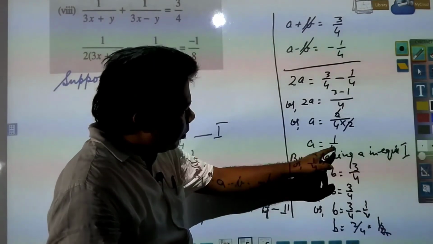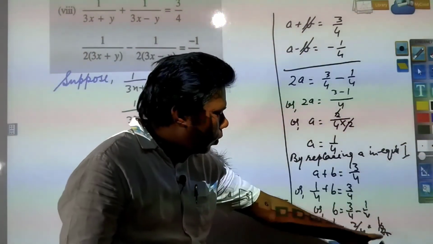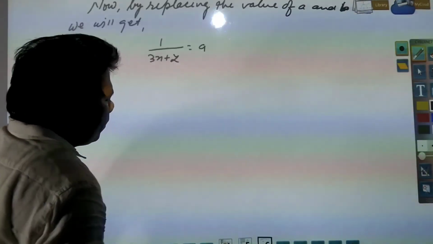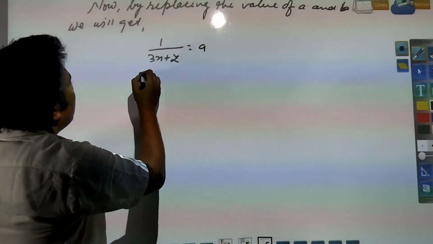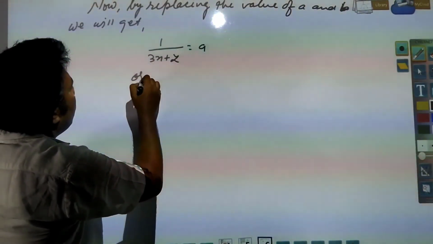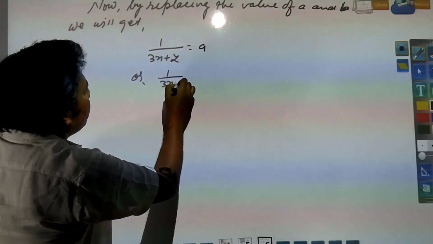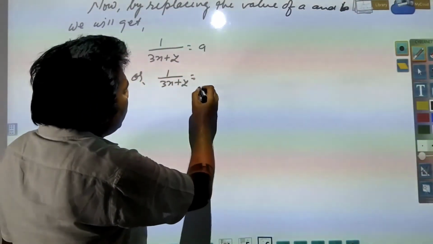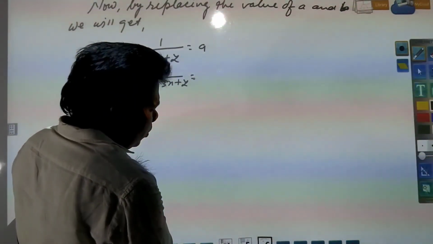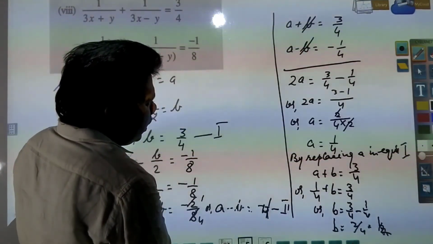A we have got 1 by 4 and b we have got 1 by 2. So 1 by 3x plus y is equal to a, which is 1 by 4.